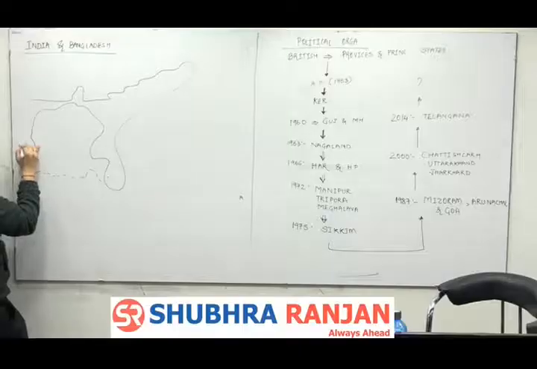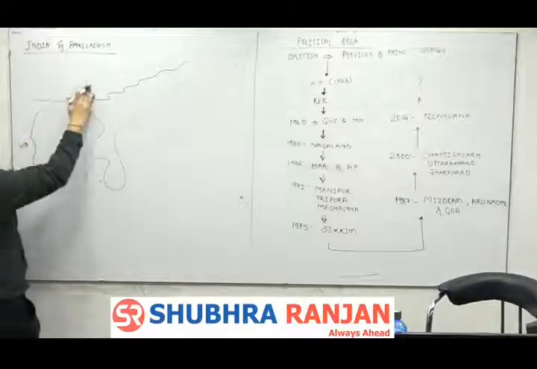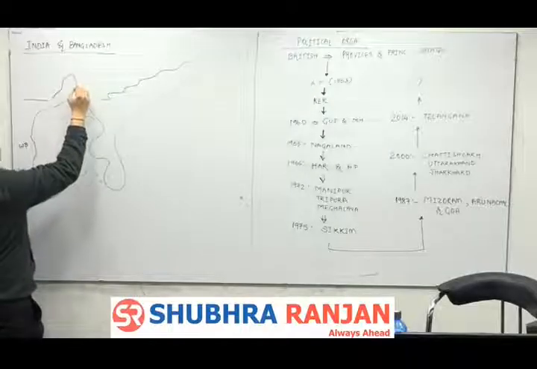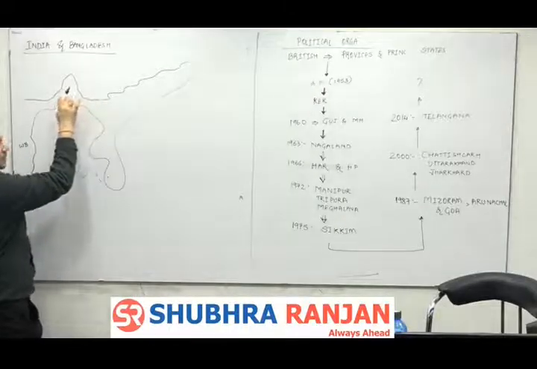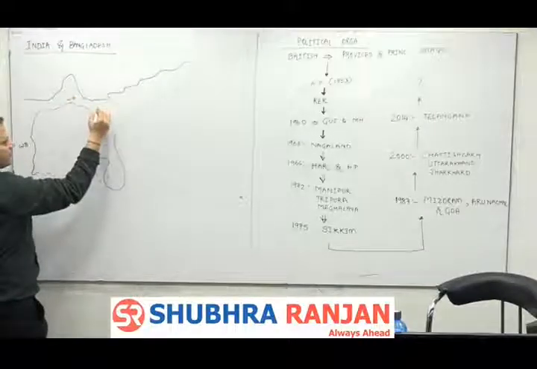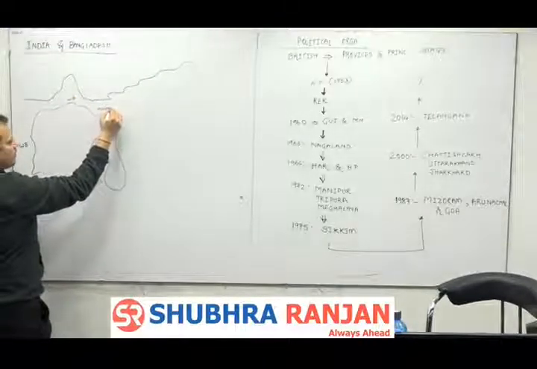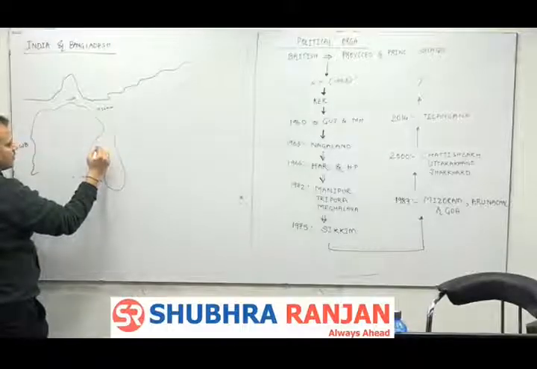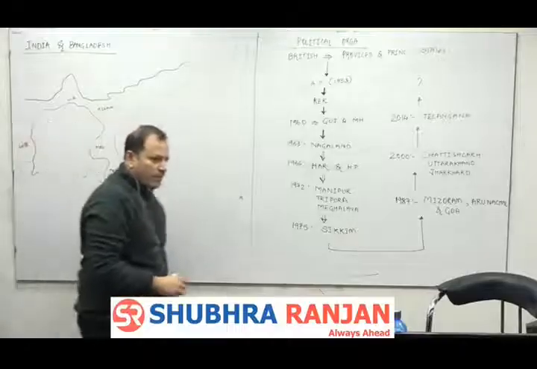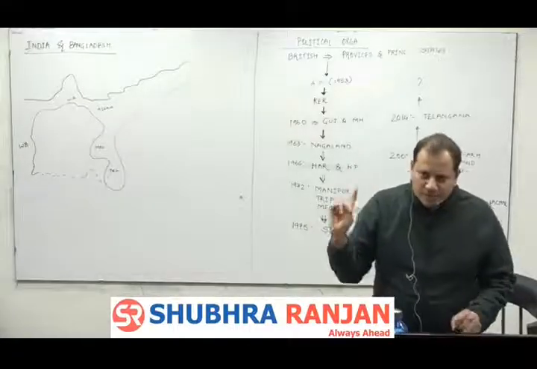Which is this state? West Bengal. Does Sikkim touch? Which is this part? West Bengal. Then this is Assam. This is Meghalaya. This is Tripura. Don't draw this. Open the atlas.